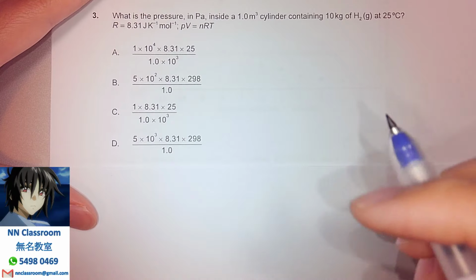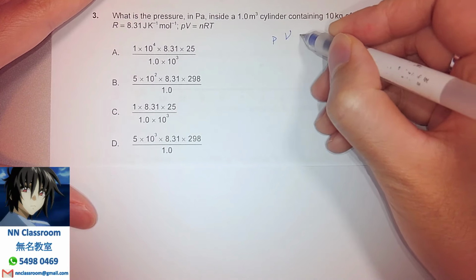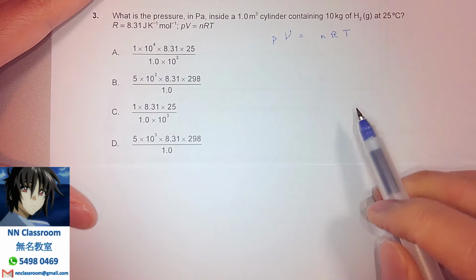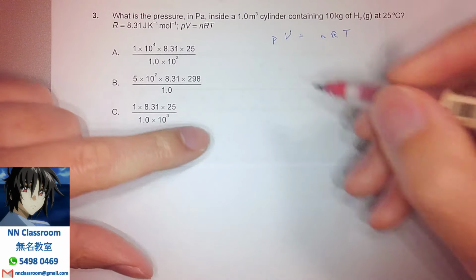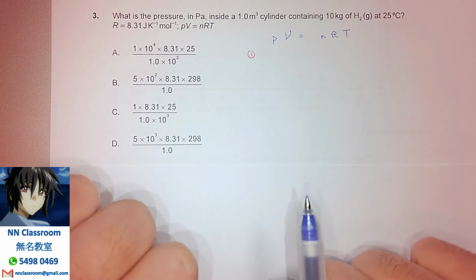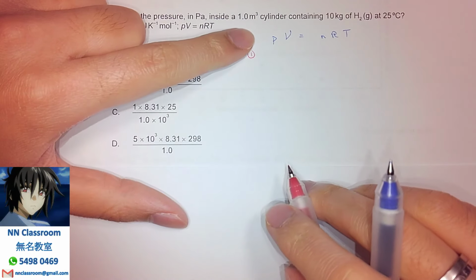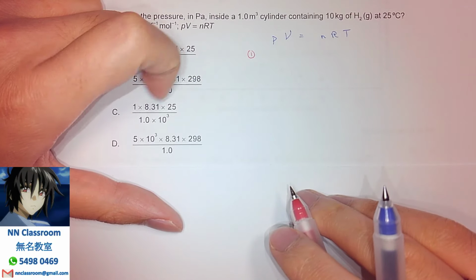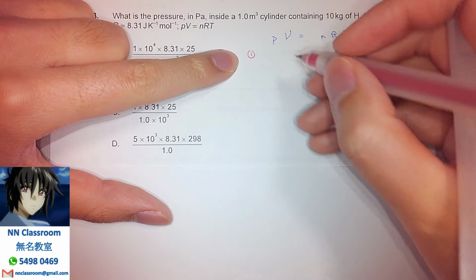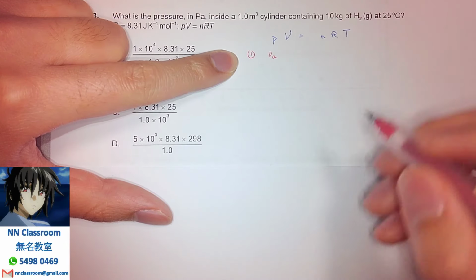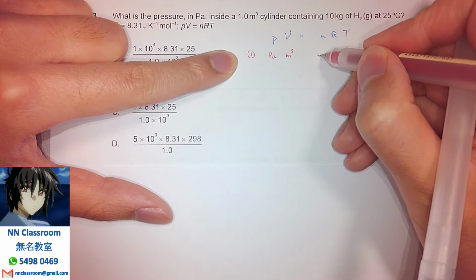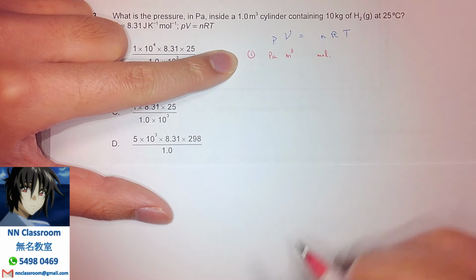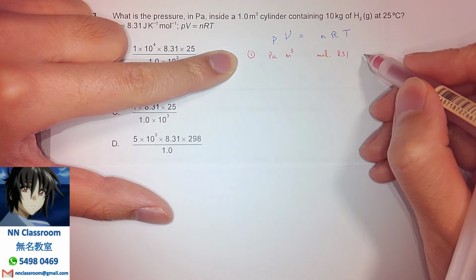So now I will tell you, across this equation PV equals nRT, normally there are two ways for us to plug in the numbers, or we can say two sets of conditions. Usually, the first set is that if you are going to be all SI unit, the standard international unit, then the pressure will be in Pascal, and the volume will be in meter cube, and the moles, basically you can say no unit, and the R is going to be 8.31 in the IB syllabus, and finally temperature in Kelvin.